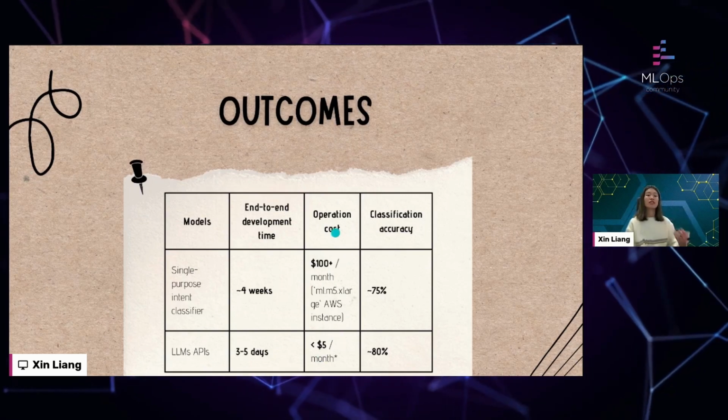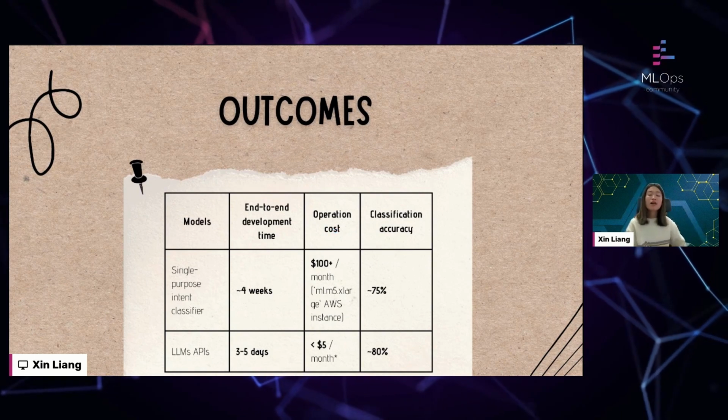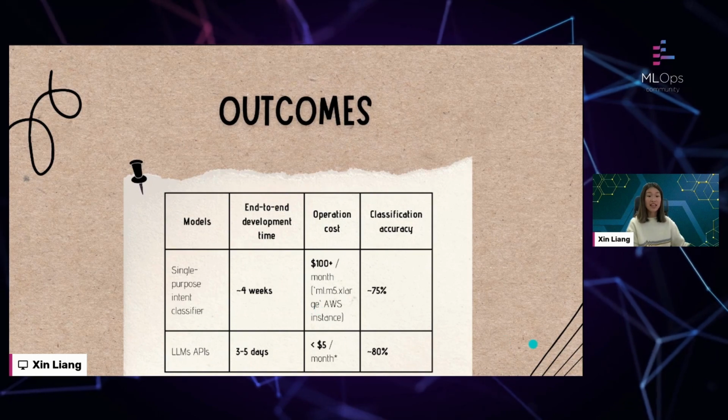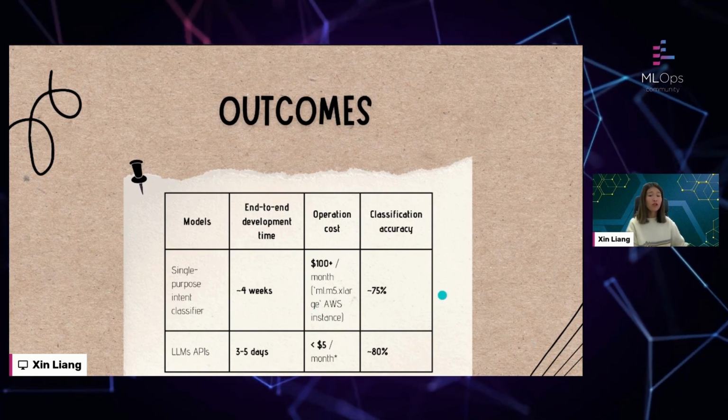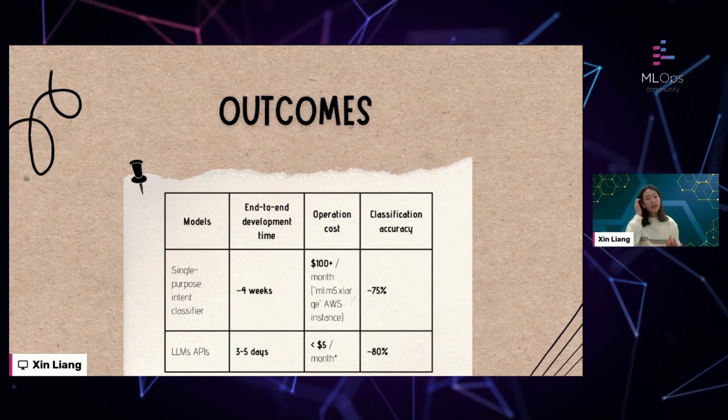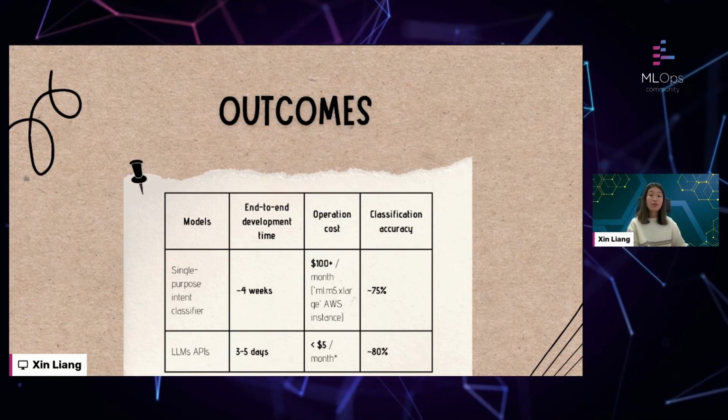The operation cost is based on the available public pricing on the vendor website respectively. And in terms of the scale and operation of our jobs, it is a scheduled job running weekly with hundreds of thousands of inputs.